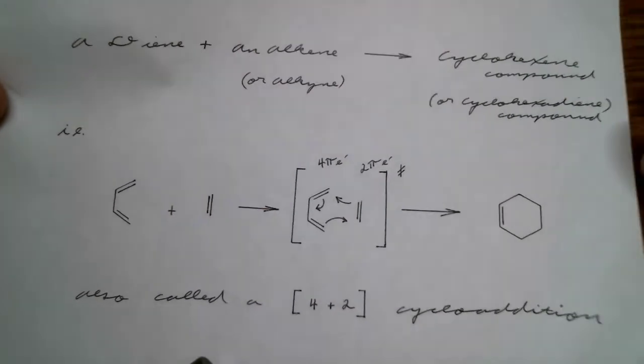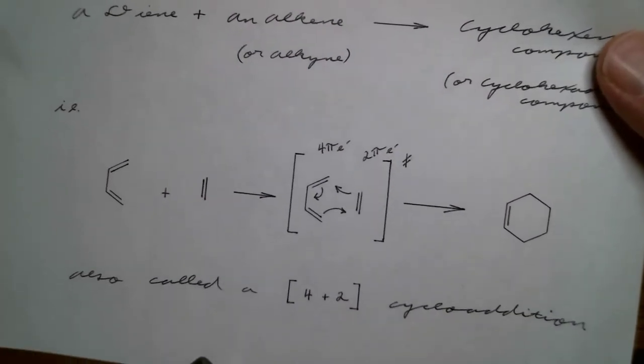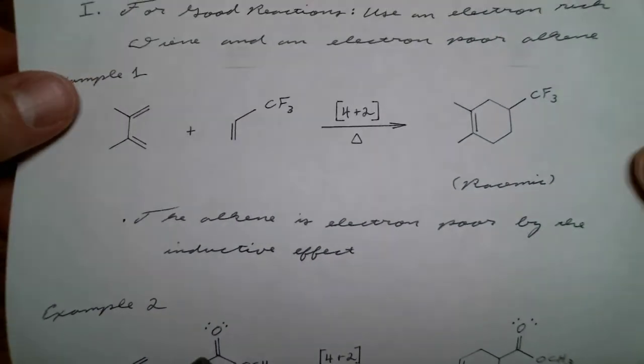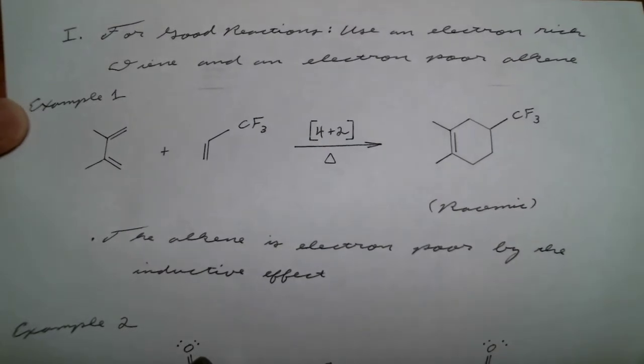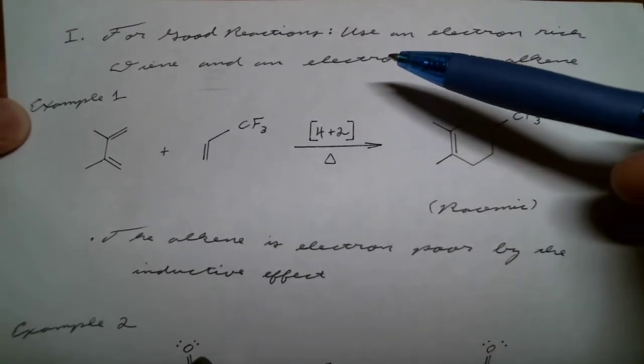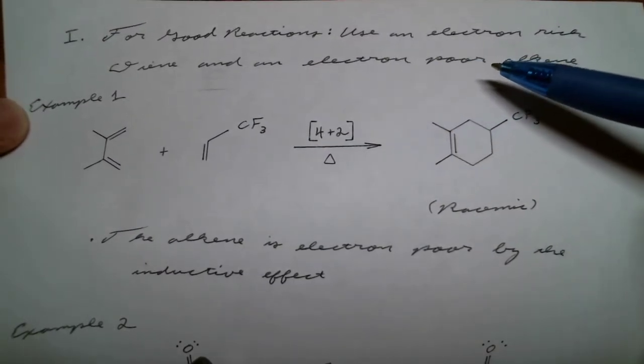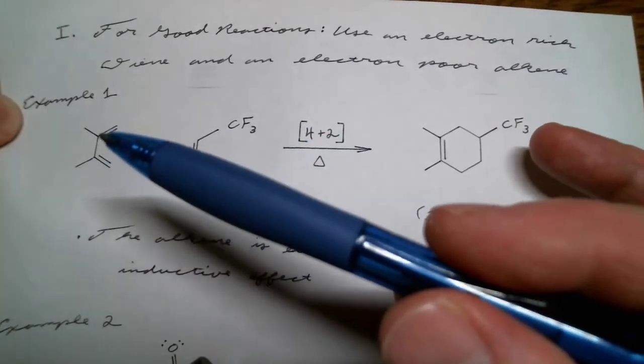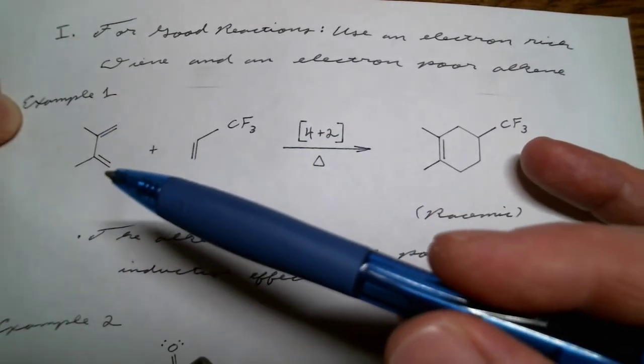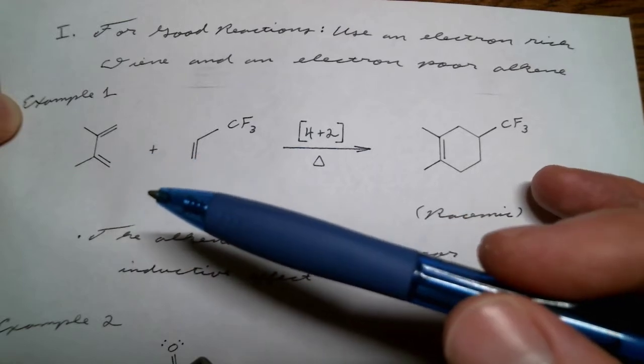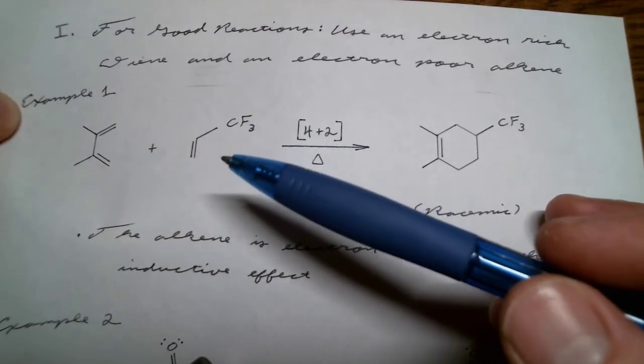So, with that, we'll go ahead and discuss a few examples before we call it a day on this video. One, for good reactions, use an electron-rich diene. So here we've got 2,3-dimethyl-1,3-butadiene and an electron-poor alkene.